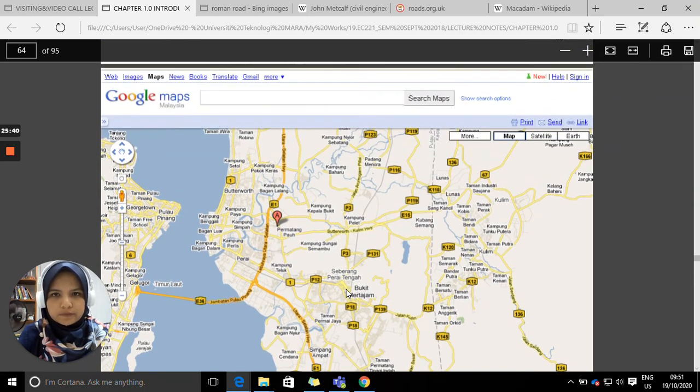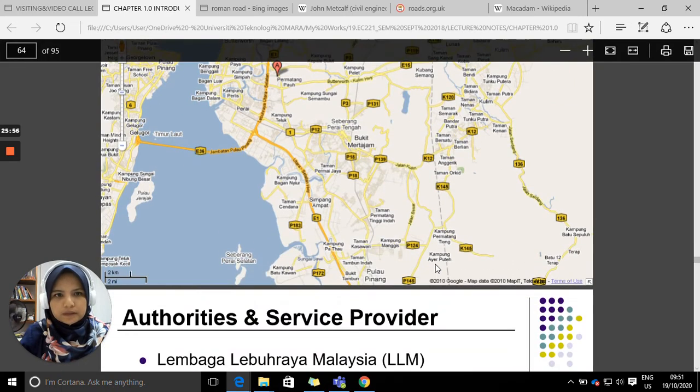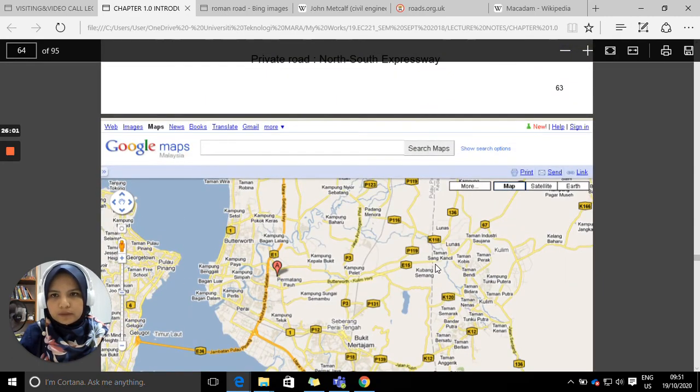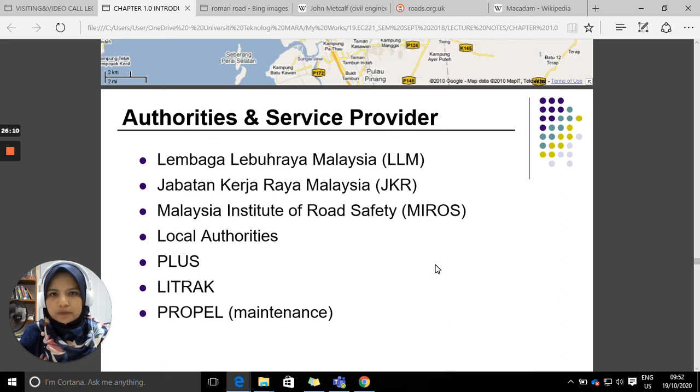Alright, there are classified as the expressway. See, this is the expressway. Right, there are a few more that you can see. You have the Batu Kawan Expressway. Right. Okay, then you just have a look at this. You can look at the Google Map. Right. And there are authorities and also service providers that are related to highway and traffic.